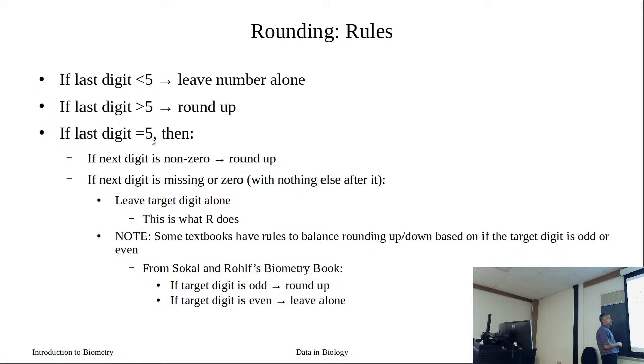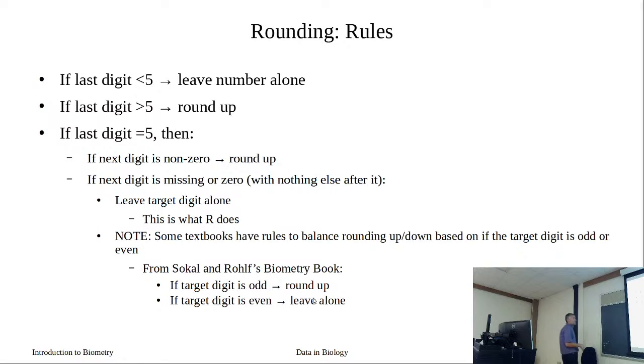Some of you though may be thinking, okay, hold on, we're going to bias our rounded numbers a little bit. And you're right, we are. So the textbooks actually have a slightly different rule that balances how many times you round up versus how many times you leave that number alone. They base that on our target digit. So if our target digit is odd, we round up.